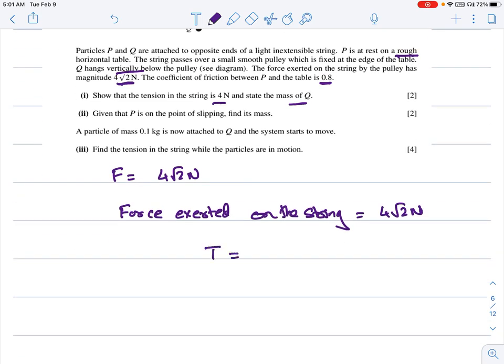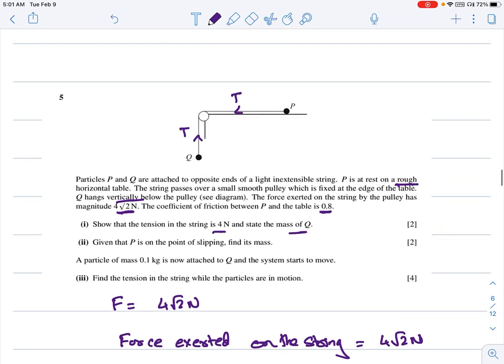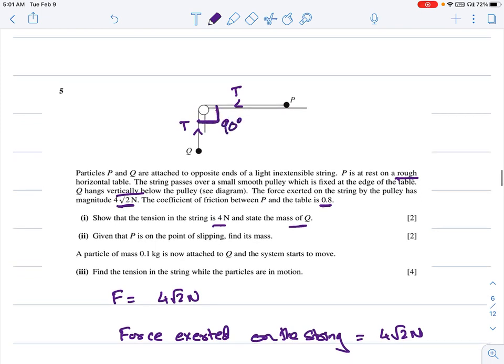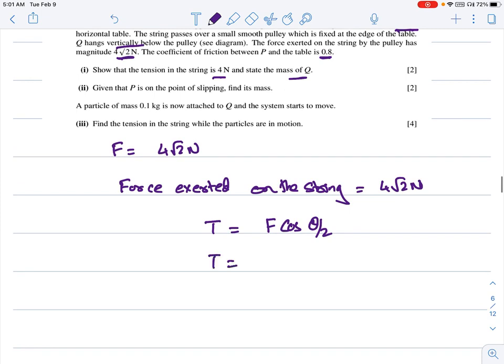The tension formula will be this force times cos theta by 2. What is theta? The angle between those two tensions. Whatever the angle between those two tensions, over here it is 90 degrees. So T is equal to F cos 90 by 2, which is cos 45. So tension is equal to F, which is 4√2, times cos 45, which is 1 upon √2. So tension is equal to 4 newtons.